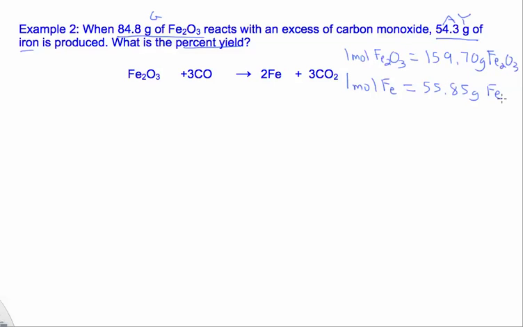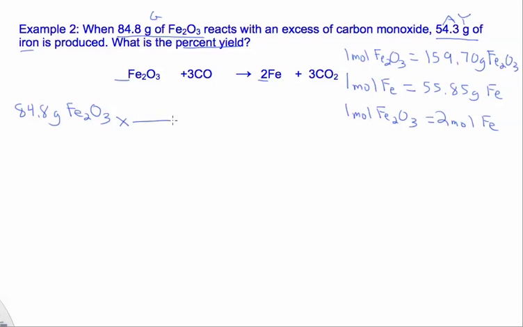And the last one we'll need is the mole ratio to get from Fe2O3 to iron. So for every 1 mole of Fe2O3 that reacts, 2 moles of iron are formed. And let's do our dimensional analysis. Remember, we start with our given, so we have 84.8 grams of Fe2O3.